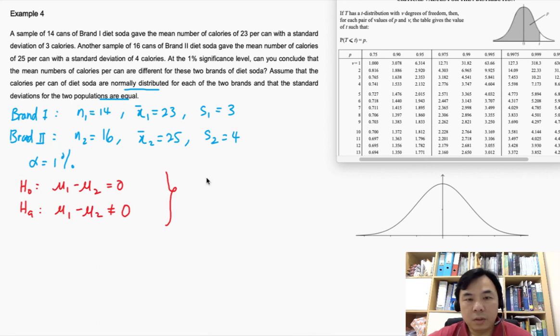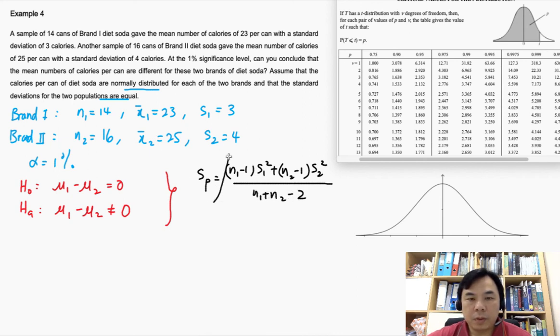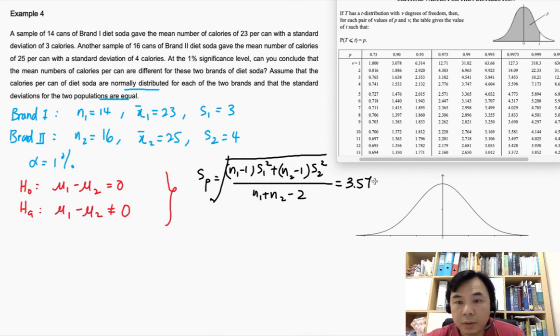It'll be easier. So calculating the pooled standard deviation, that will be n1, is a very long formula there. And then if you substitute all these values in, you should be able to obtain this to be, I have already pre-calculated for ease of reference here, 3.571.